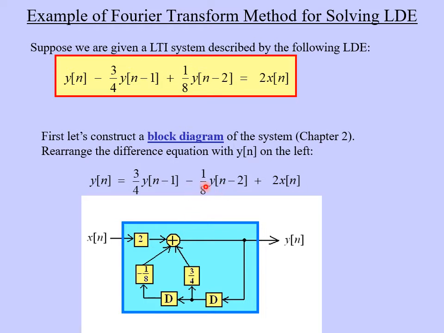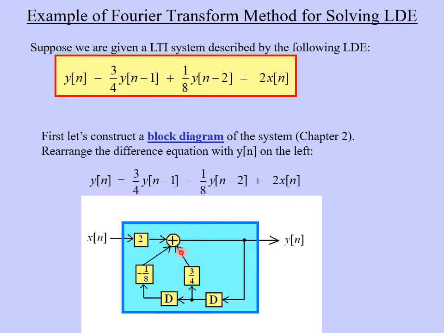The last term right here, minus 1/8 times y of n minus 2, we need a second delay. Well, we've already got y of n delayed once right here, so let's take this signal, which is y of n minus 1, and put it through another delay element, which gives us y of n minus 2. Then we multiply it by minus 1/8, because that's the coefficient here, and put the result into the adder.